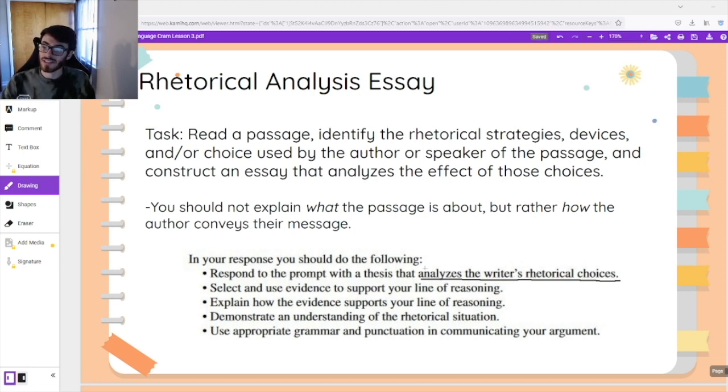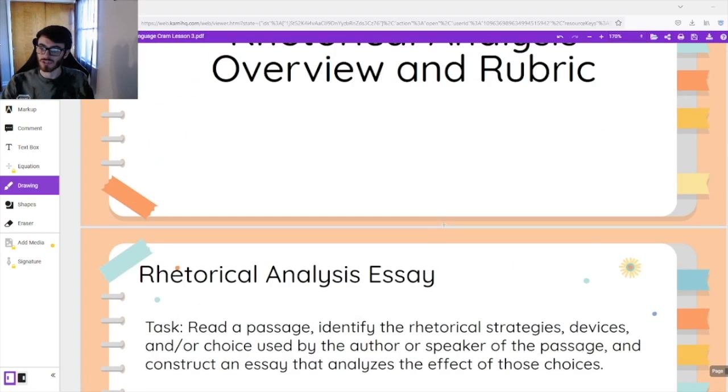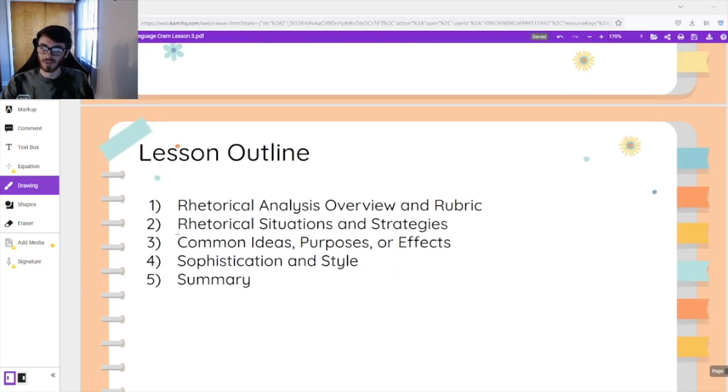That's what your thesis should do. Your thesis should analyze rhetorical choices. You need to select and use evidence to support your line of reasoning. That's nothing new. Explain how the evidence supports your line of reasoning. Also nothing new. That's commentary. We talked about that last time. Your response should demonstrate an understanding of the rhetorical situation. That is something we are going to talk about.